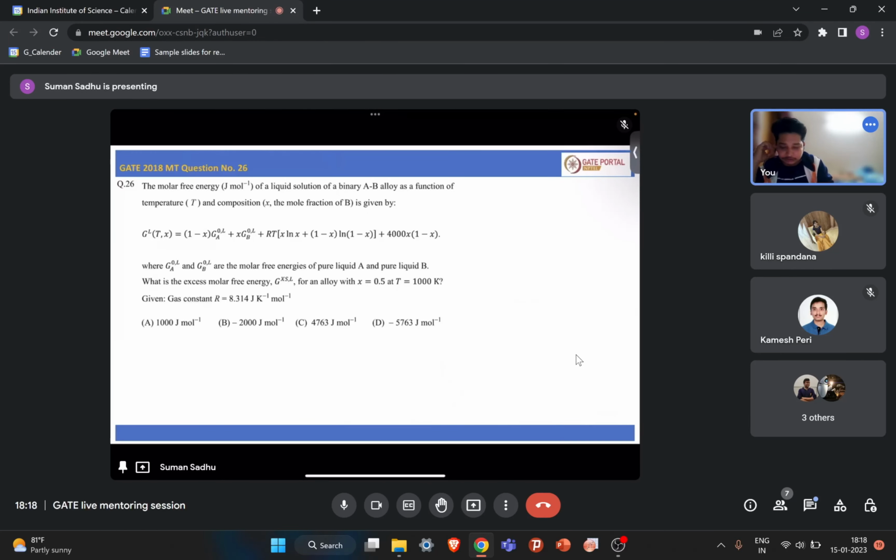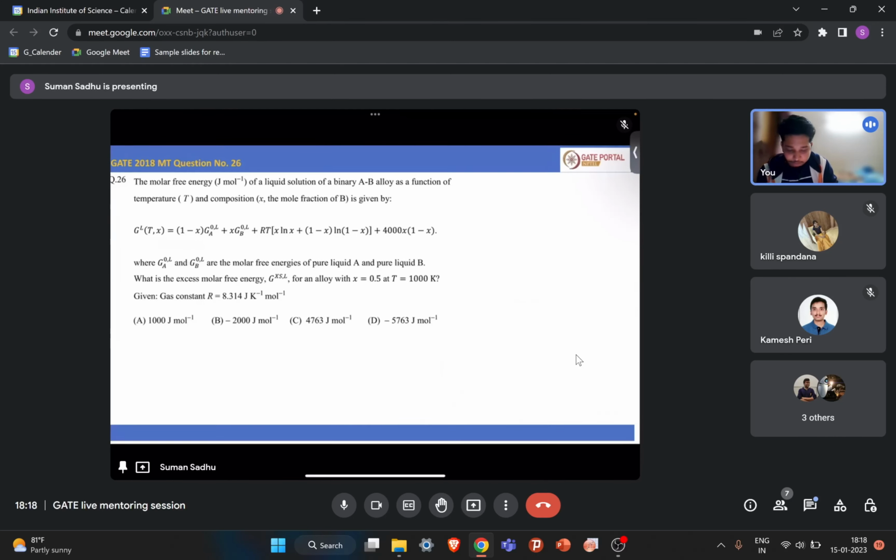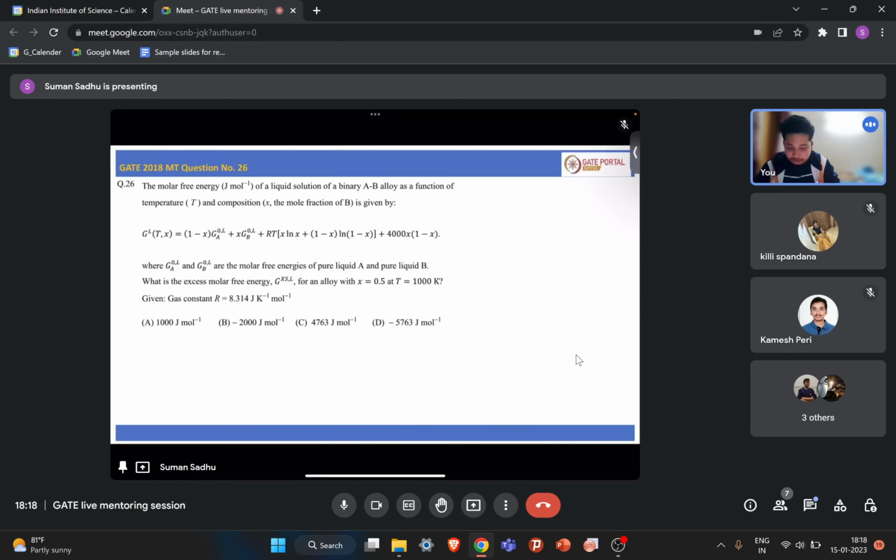The question is, the molar free energy of a liquid solution of a binary AB alloy as a function of temperature and composition is given by this equation, where G naught A is your molar free energy for pure A, and G naught B is the molar free energy for pure B in the liquid form.